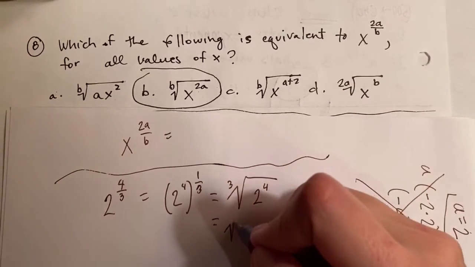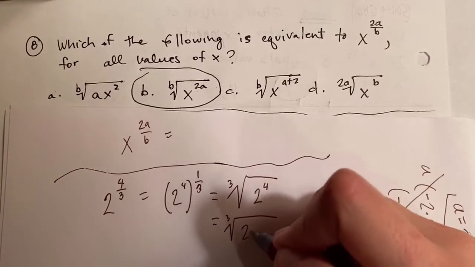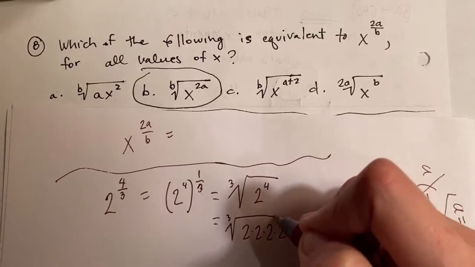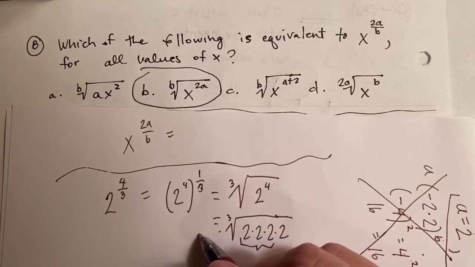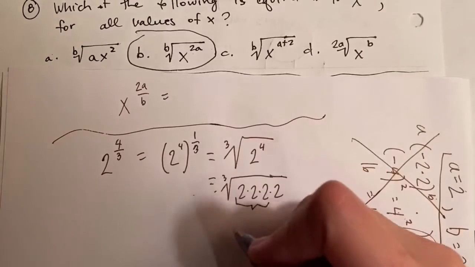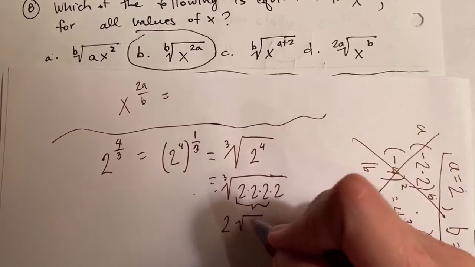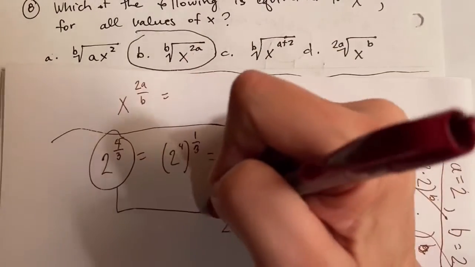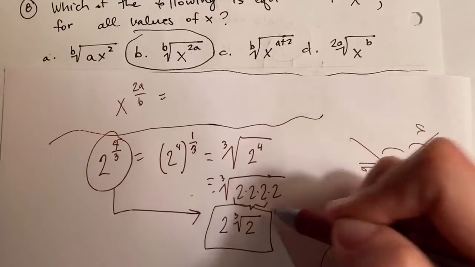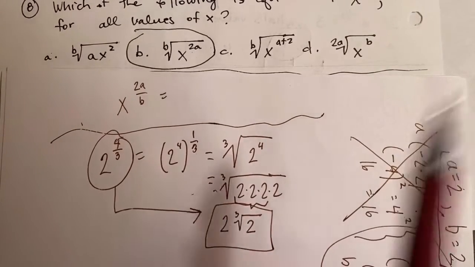That's interesting, right? Because the cubed root of 2 to the 4th, what a cubed root means is if you have 3 of those, it would be able to come out. That makes sense. So I could actually simplify this. This expression's actually equal to that expression, in a different form.